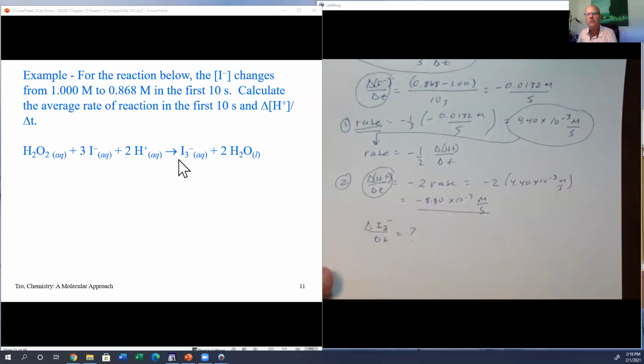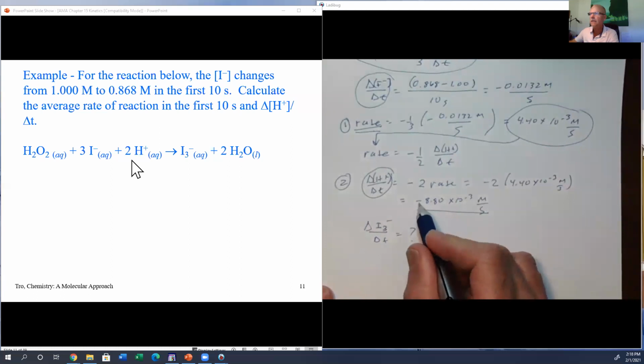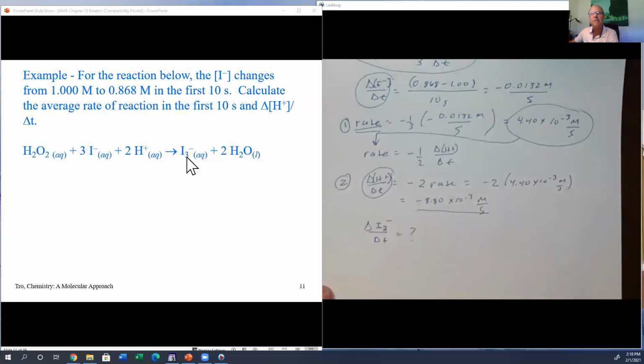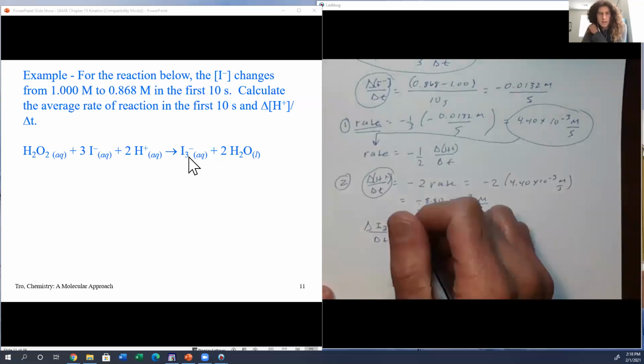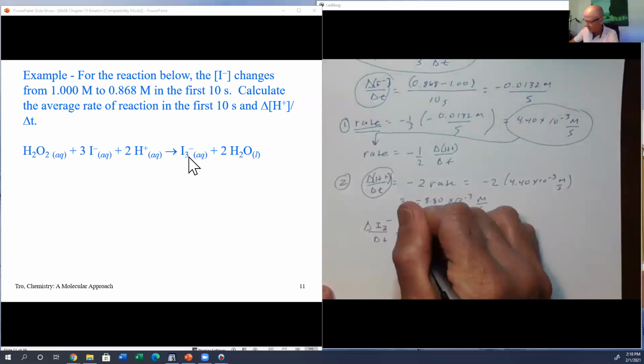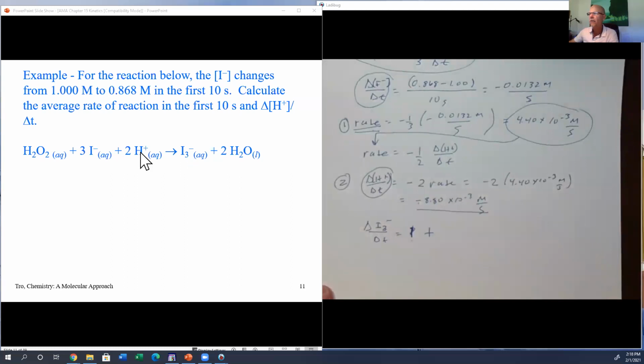Just think about it. Two things to remember. One is that this is negative because it's a reactant, but this is a product. So is it going to be negative or positive? It's going to be positive. That's easy.